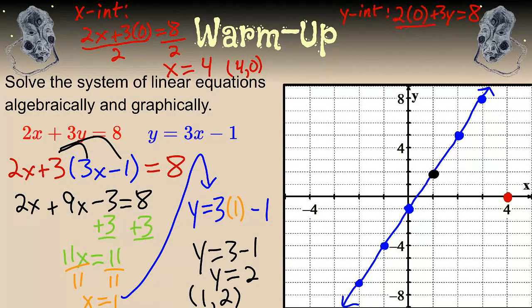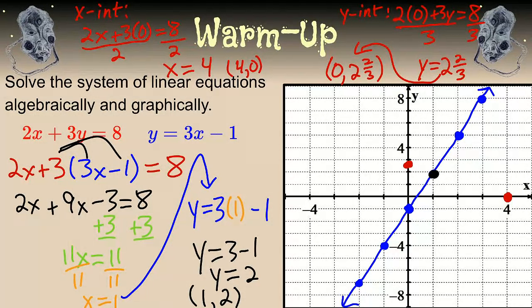So I can divide both sides by 3, and I get y is equal to 8/3, which is 2 and 2/3. So that's the point (0, 2 and 2/3), which is about right there.